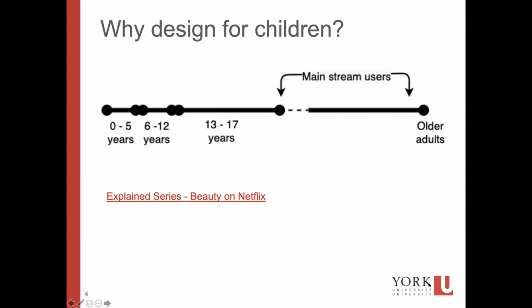So when you're especially designing for children and older adults, you have to be very careful that you don't include those stereotypes. For example, one of the misconceptions is that children like bright colors. So everything that you design for children has to be bright in color.